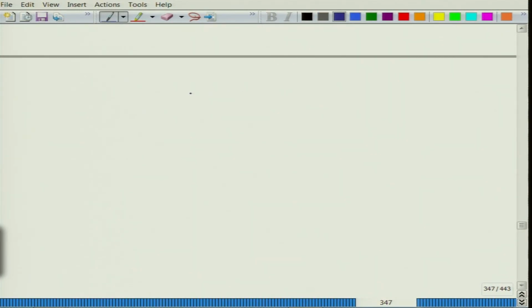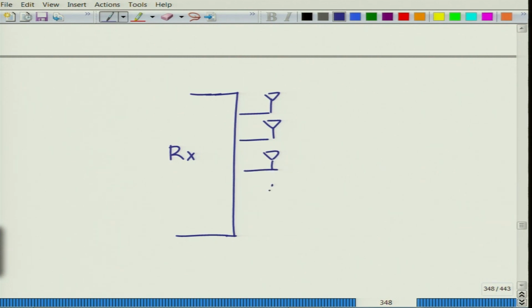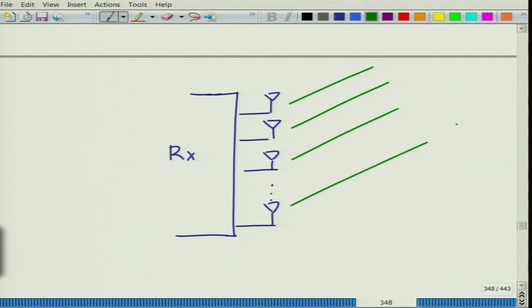You have the antenna array and you have the signal that is arriving at an angle of theta, and this is the distance between the antenna elements D, and this is the signal x(t).